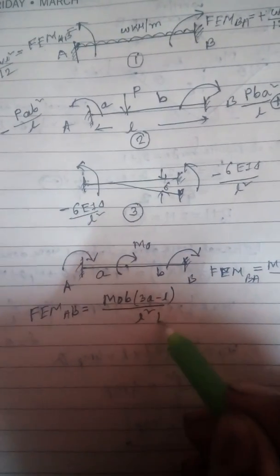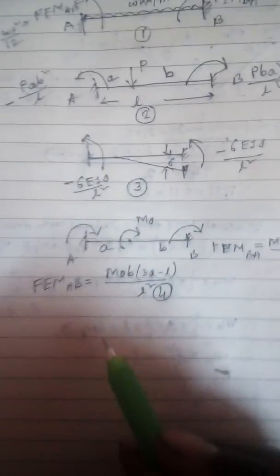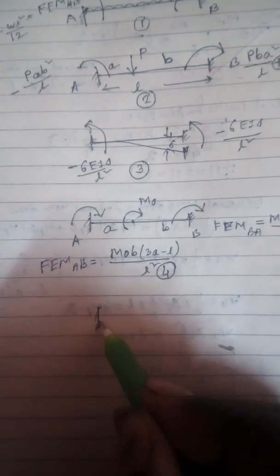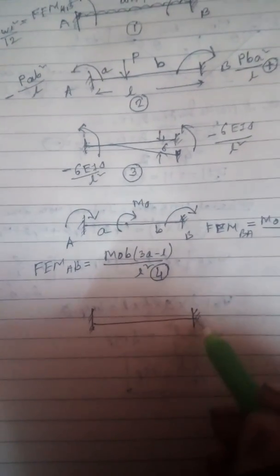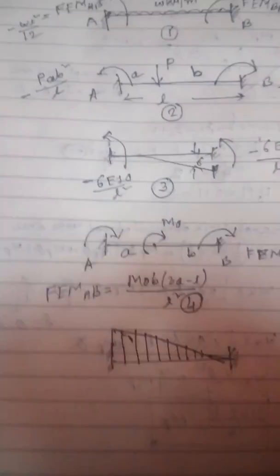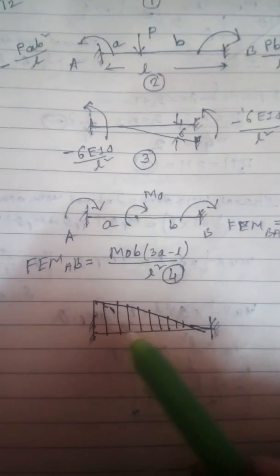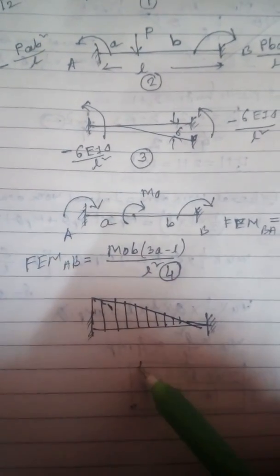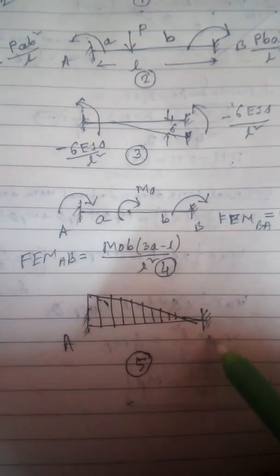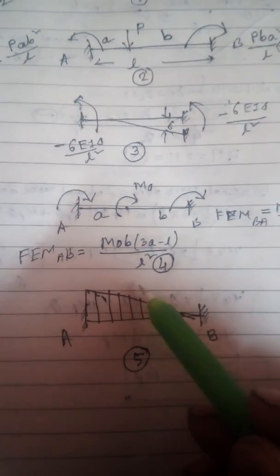Now case number 5. Suppose it's a fixed beam having a UVL, a uniformly varying load.